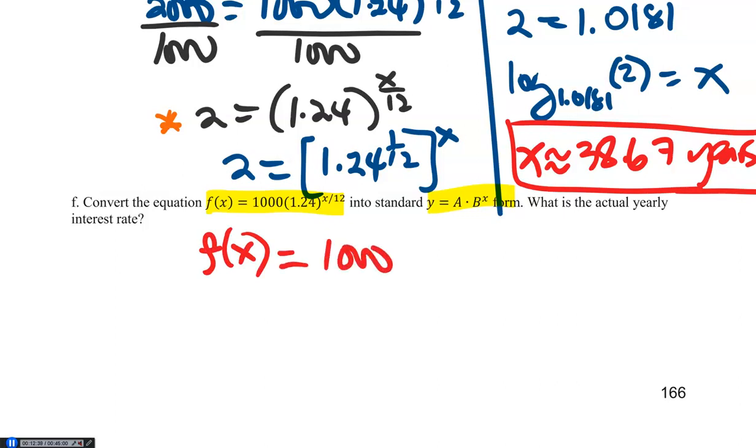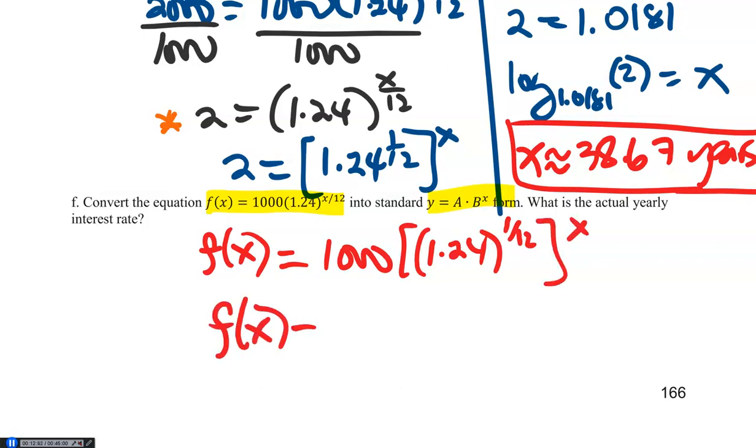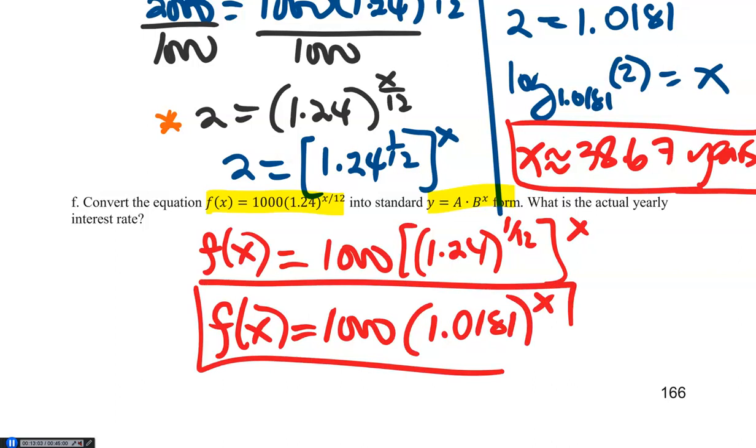So this is equal to 1,000 times 1.24 raised to 1/12, raised to x. And 1.24 raised to 1/12 is 1.0181 to the power of x. Okay, that is number 1.